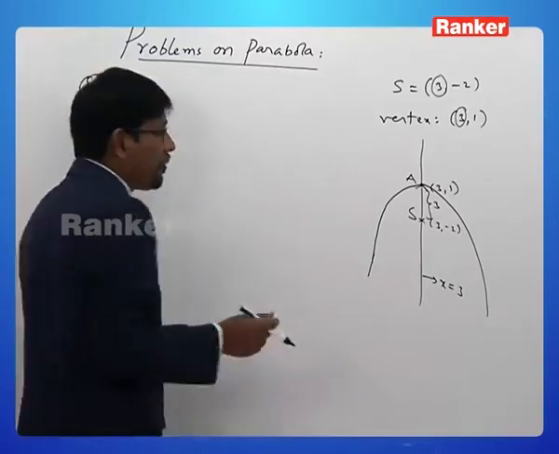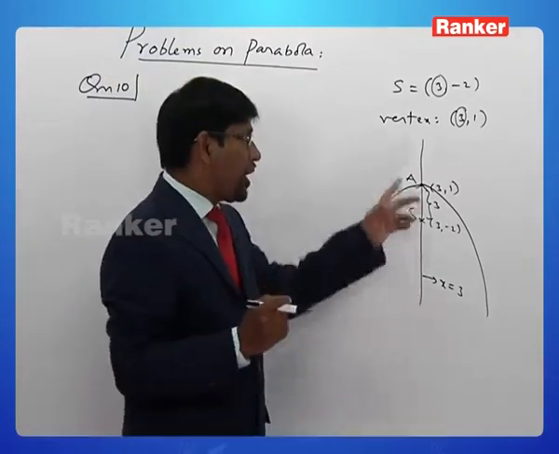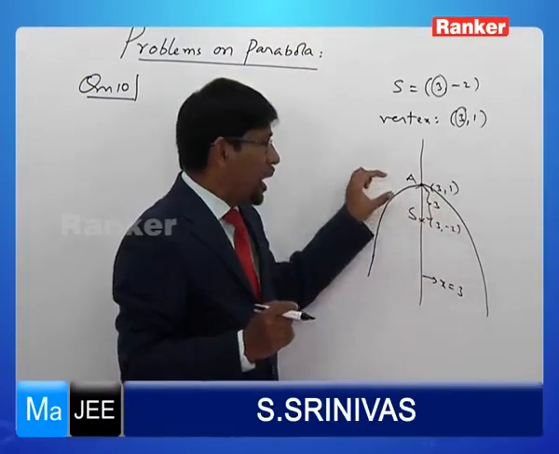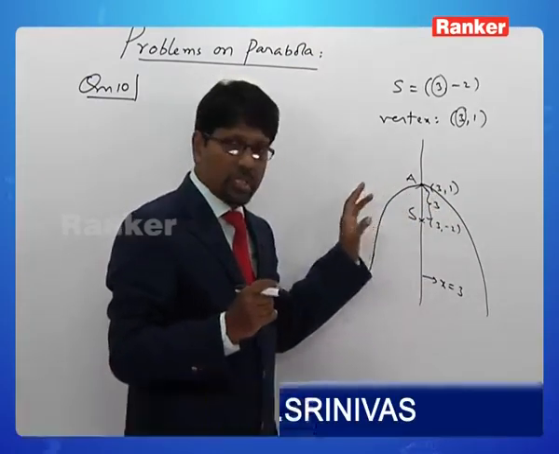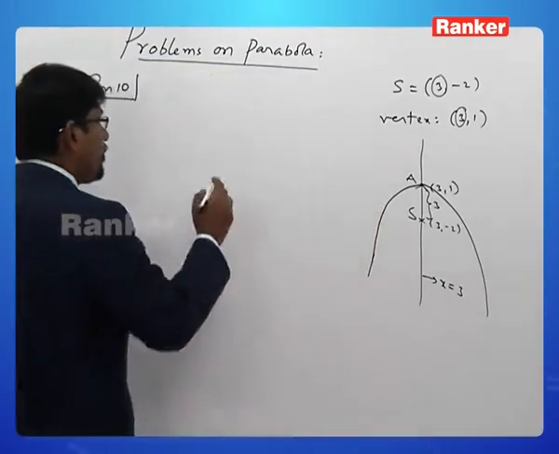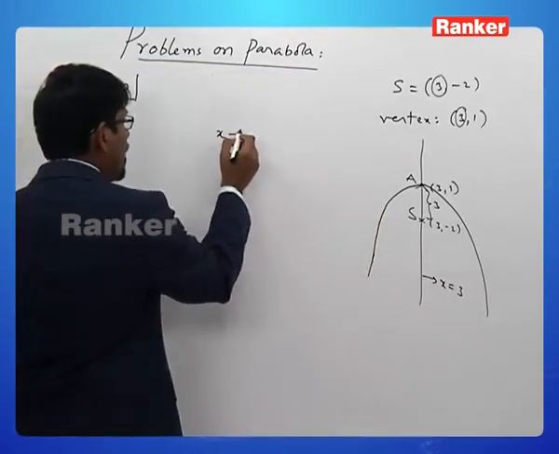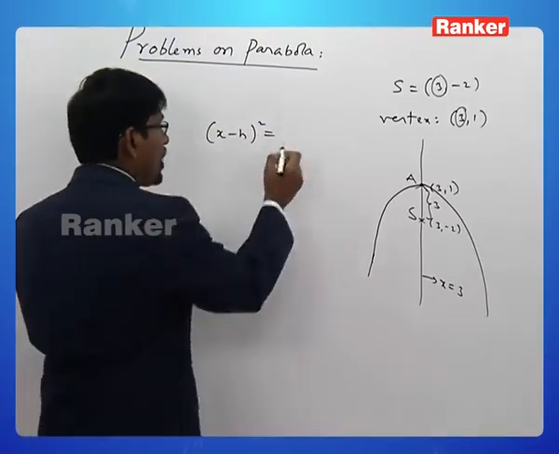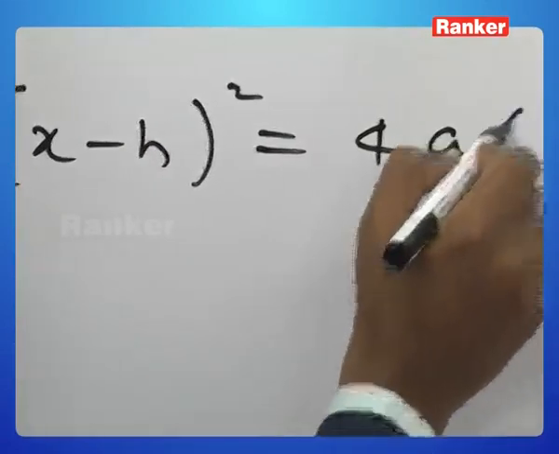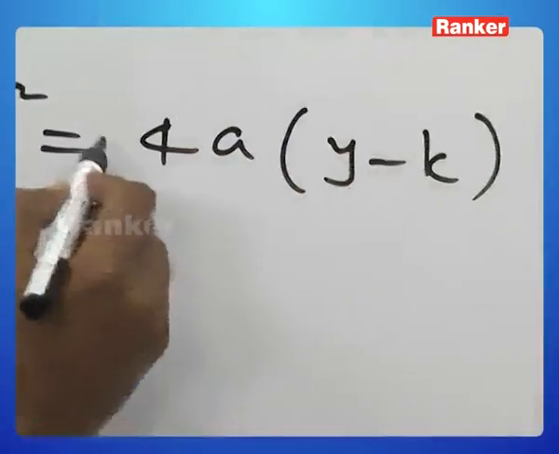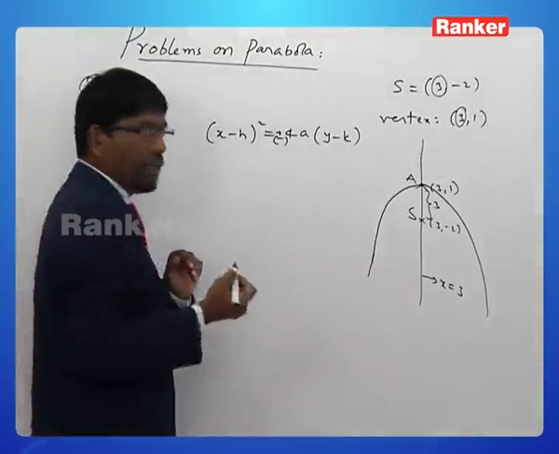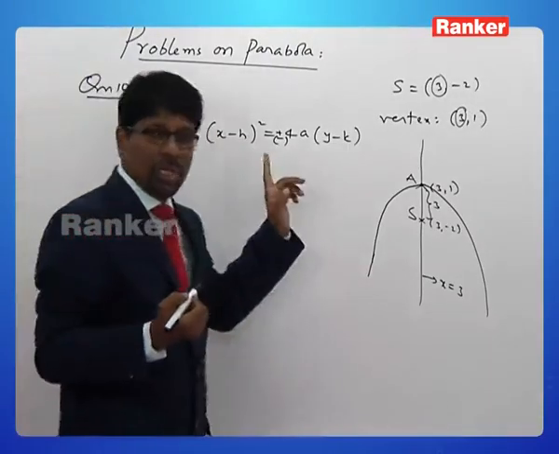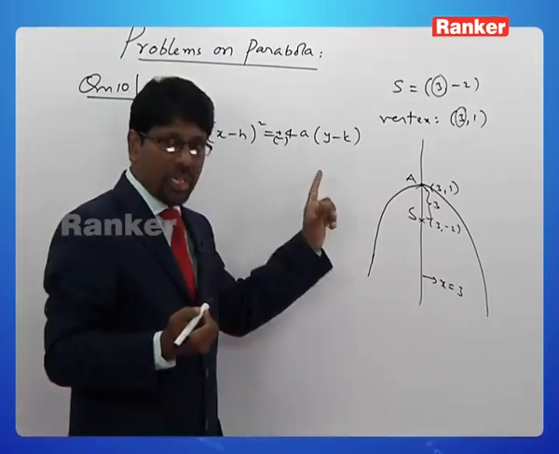Now, when the axis is parallel to the y-axis and the vertex is known and the distance between the focus and the vertex is known as a, (x - h)^2 = +4a(y - k) or -4a(y - k) is the equation of the parabola with the vertex as (h, k).